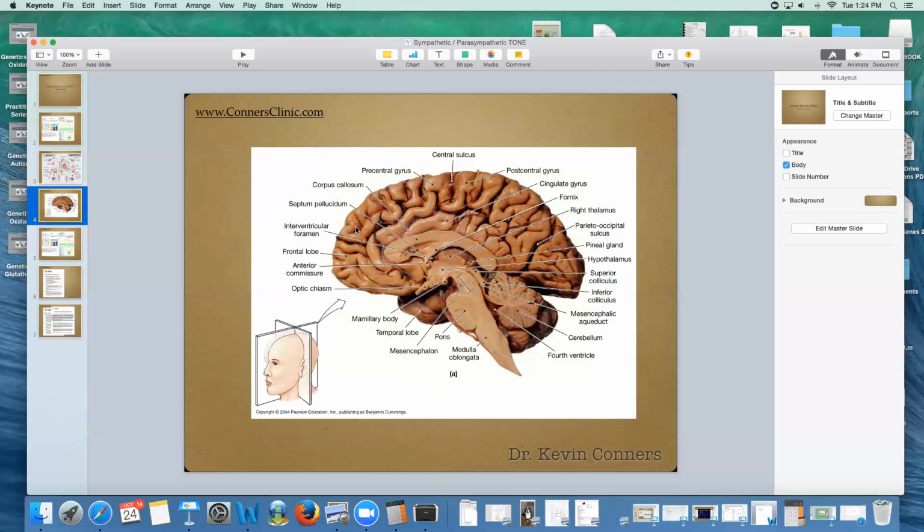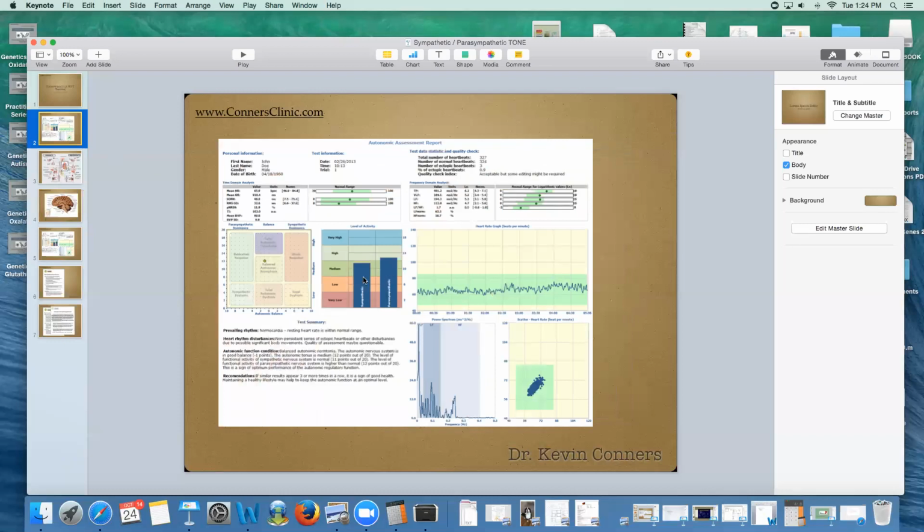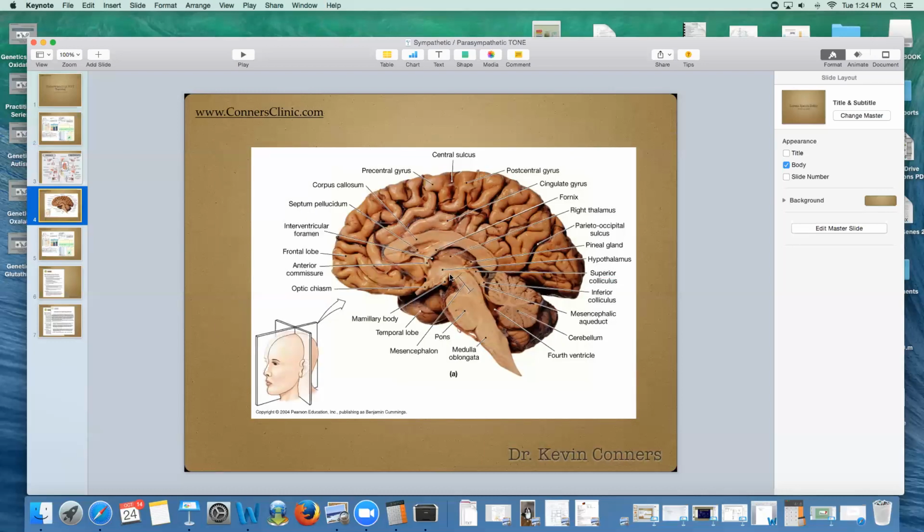And I say all this because it's important when we look at a person's autonomics, and if they're both through the roof, or if just the sympathetics are very high. We have to go back to neurology. And though it's a little confusing, let me talk through this.